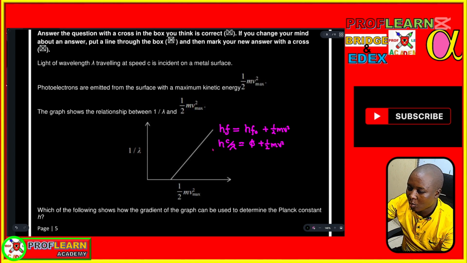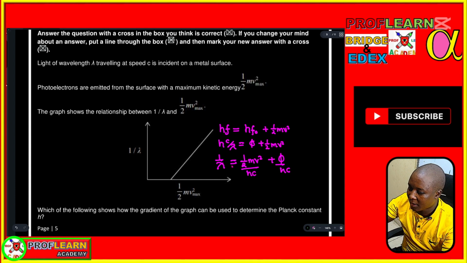So I want to have only lambda on one side, then it means that I can say 1 over lambda is equal to, I'll take the whole of hc, I divide it all through, so I'll have (1/2 mv squared plus the work function) divided by hc.